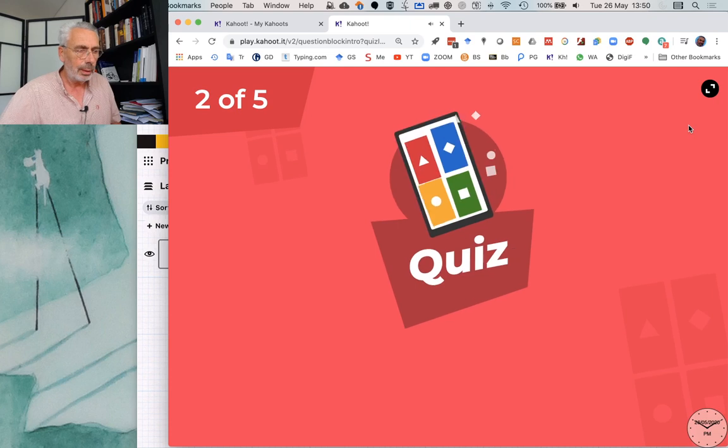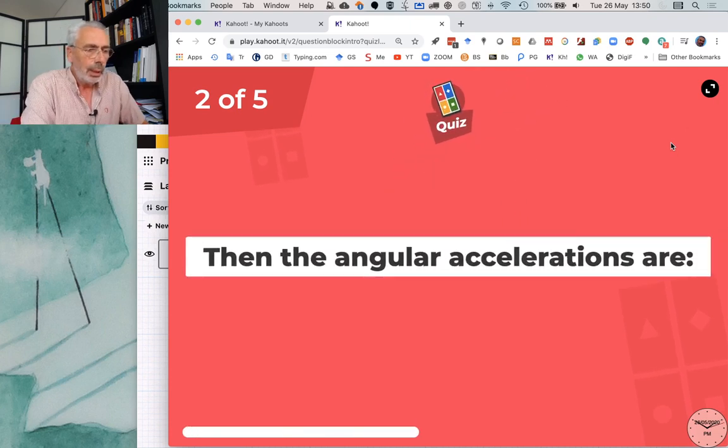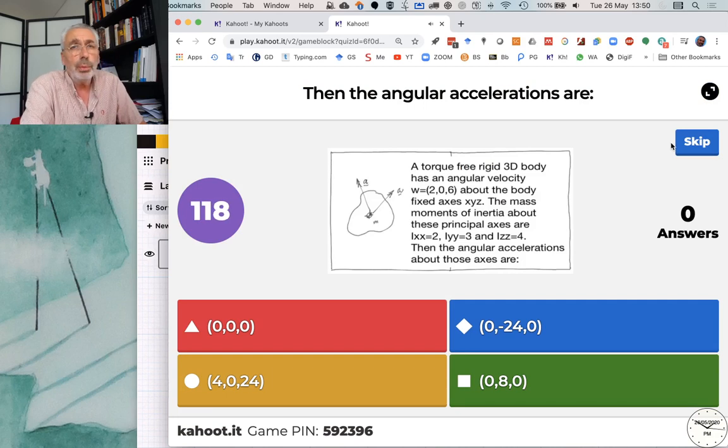Okay, next question. The angular accelerations are, for this you will need the equation of motion for a rigid body. It's given that there's angular velocity, mass moment of inertia by means of principal axes, and there's no torque, and then you can determine what are the angular accelerations about those axes.